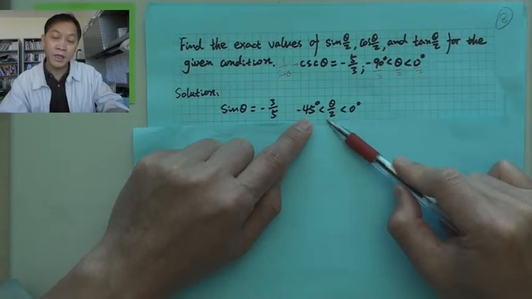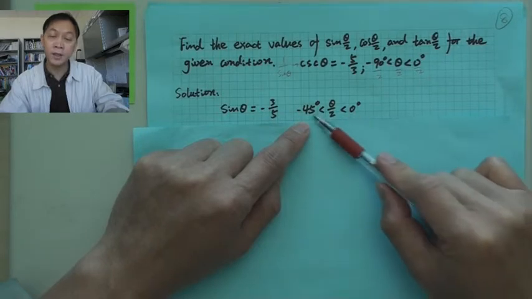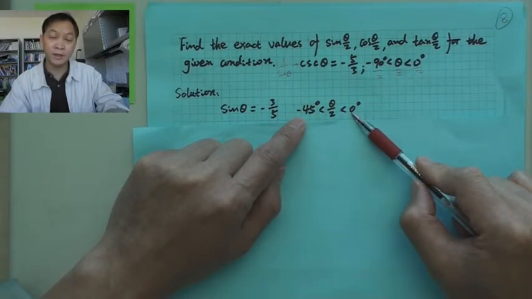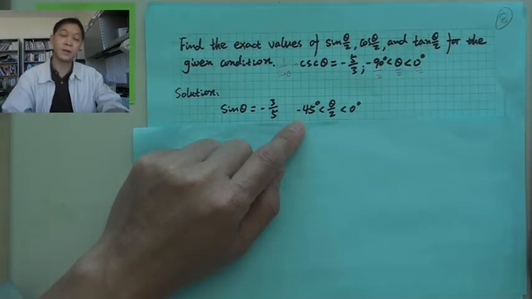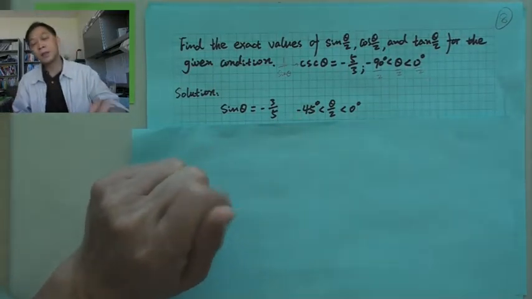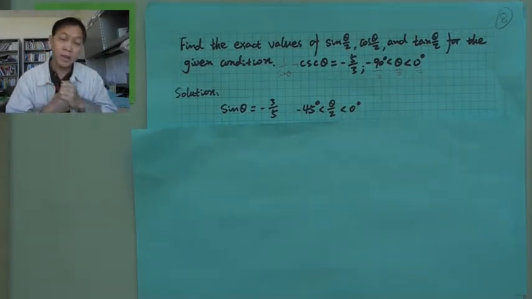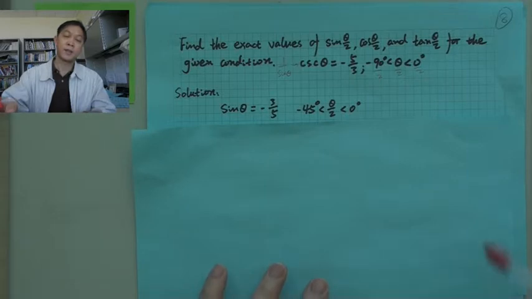So half theta is still in the fourth quadrant, close to the x-axis, an acute angle. In the fourth quadrant, except cosine, sine, tangent, cotangent are all negative.